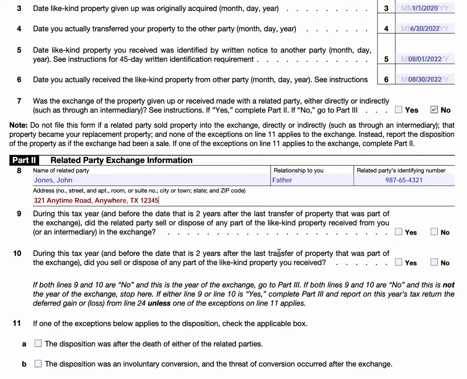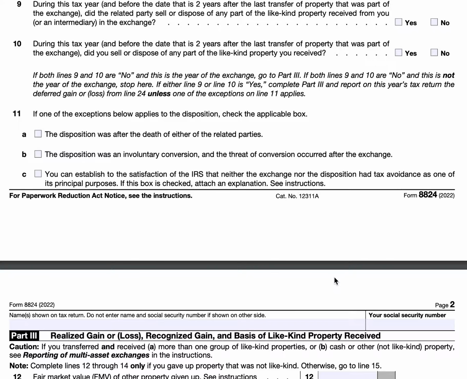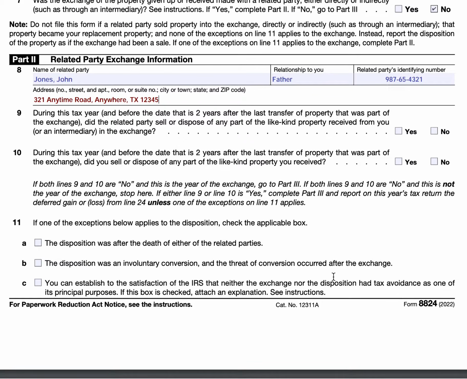So if both lines 9 and 10 are no, and this was the year of the exchange, then you'll have to go to Part 3 to calculate your realized gain, loss, recognized gain, and then basis of any property that you received. If both lines 9 and 10 are no, and this was not the year of the exchange, then you stop here.